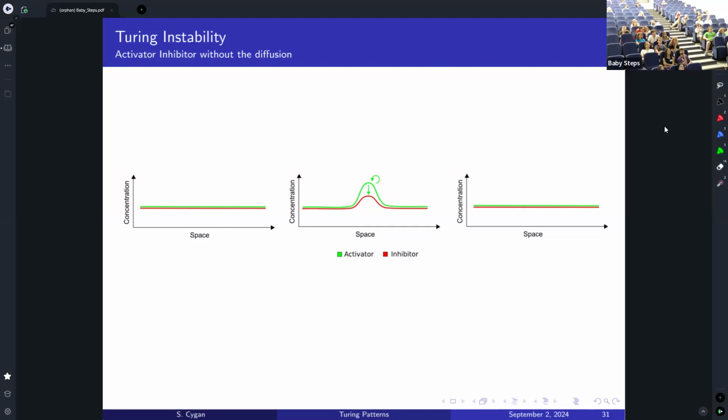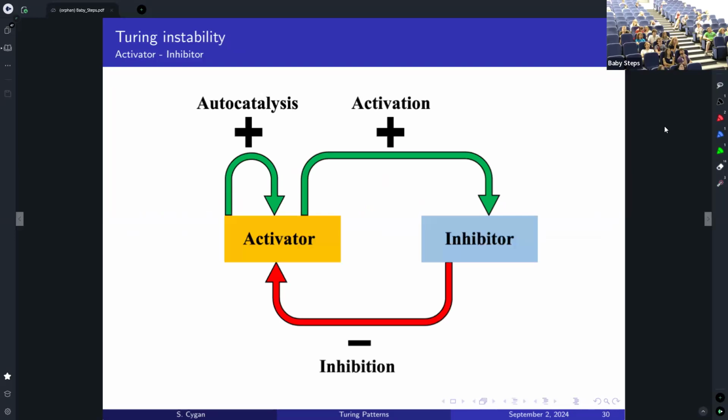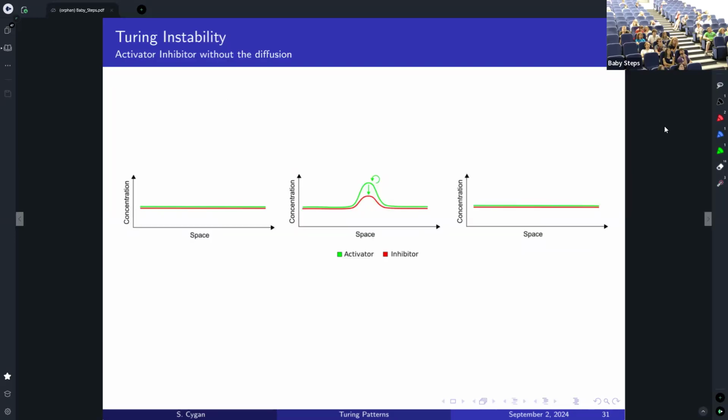Since at some point x the amount of the activator is increased, it stimulates the inhibitor to be produced. We have increased production of the inhibitor, and since the inhibitor also slows the production of the activator, we are going back to our steady state. So the perturbation is almost immediately reduced, and our solution comes back to the initial state.